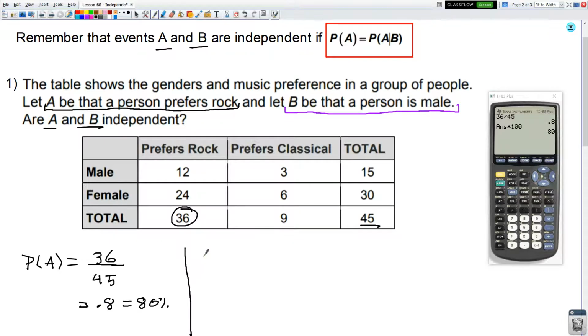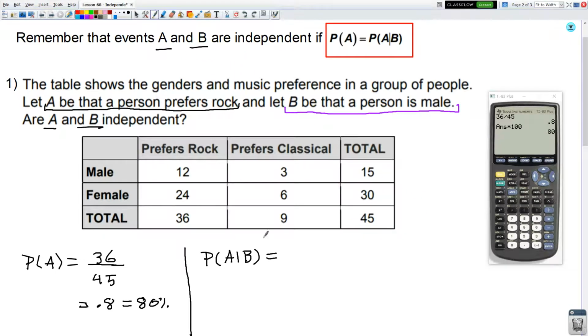So now to find the probability of A given B, let's see what this means. This means: what is the probability for those individuals, let's call it the group of people, to prefer rock given that they are male? Well, let's see in this table.